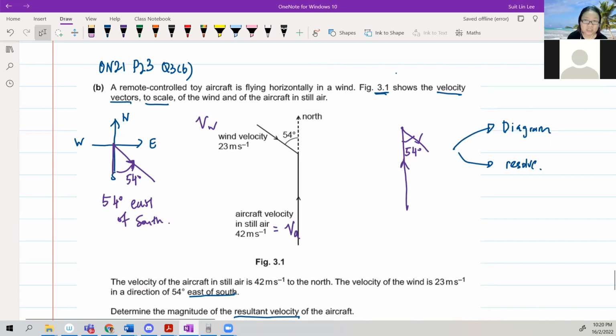Which one did you do? I'm curious, let me know. This diagram, you resolve. What's your method of choice? Where shall I start?